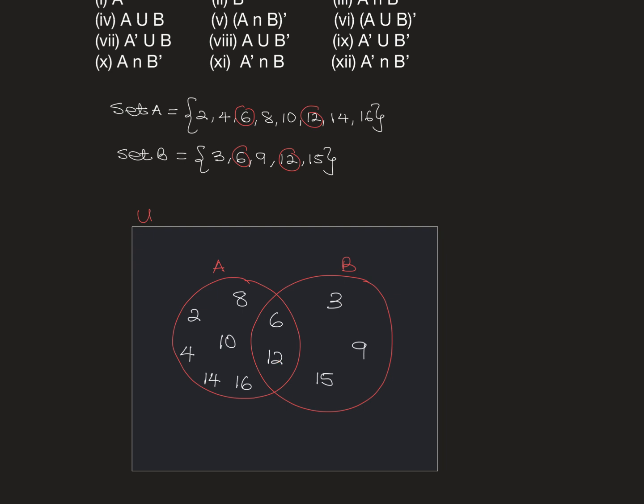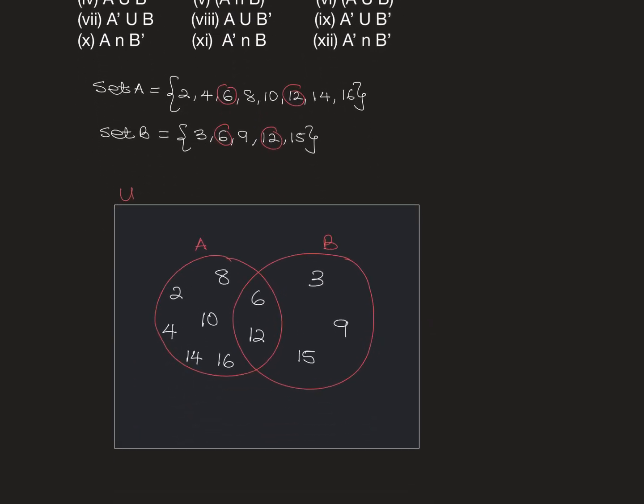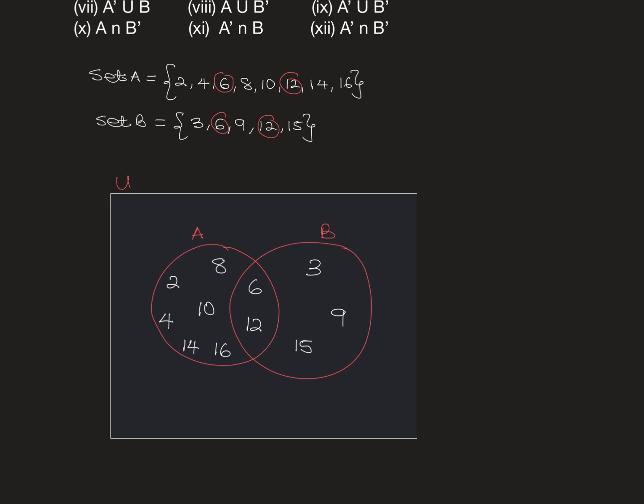So what are the remainder? We know that the set starts from 1 to 16. So it means there are numbers that are not in A and B. We have to write those outside. They are part of the universal set. So we have 1, 2 is here, 3 is here, 4 is here, but 5 is missing, so we have to write 5. 6 is there. Is 7 there? No, so we have to indicate 7 outside.